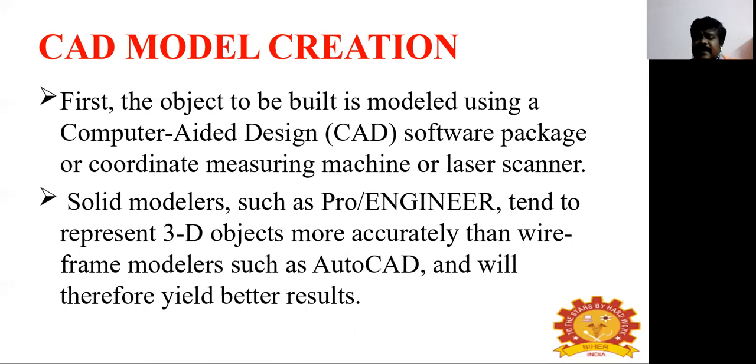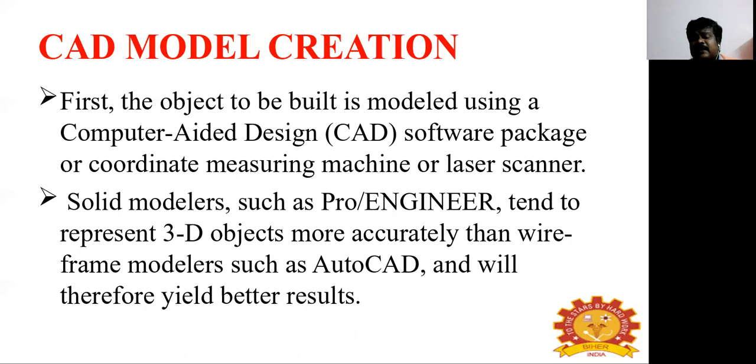Then the second is solid modeling. Here solid modeling represents, say, Pro Engineer, Pro E. What do we use it for? For representing three-dimensional objects more precisely and more accurately than wireframe modeling, compared to AutoCAD.